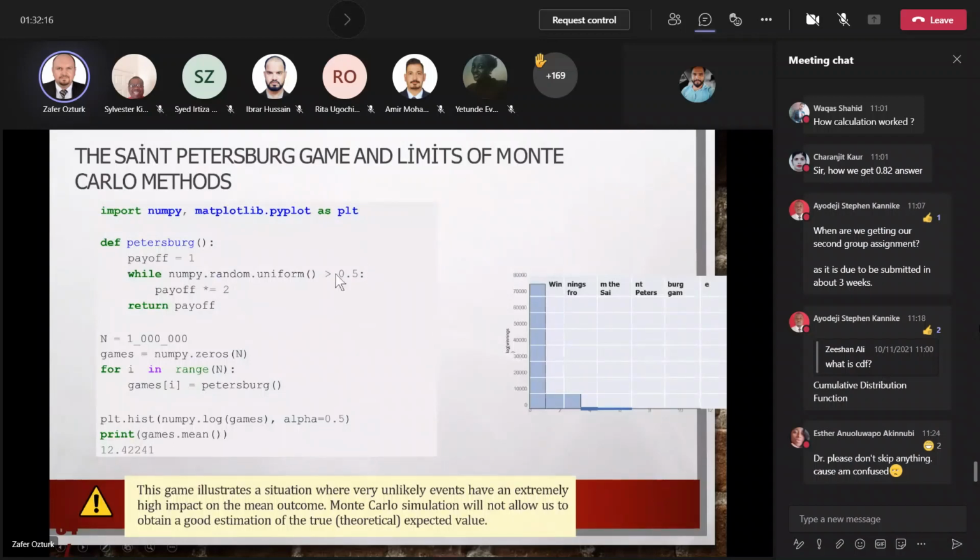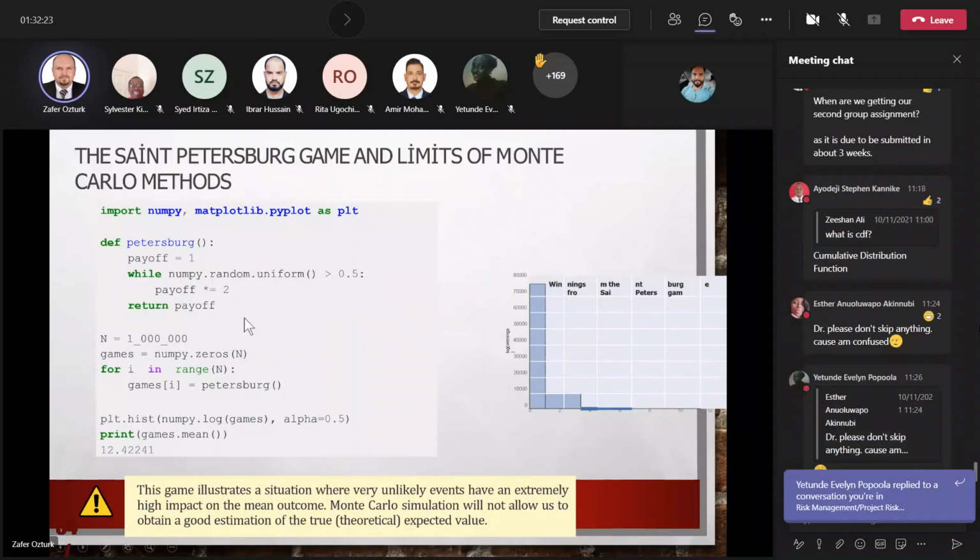The probability is 0.5 because we are still dealing with randomness, but we are defining the payoff. Every time heads appears, it pays double. This game illustrates a situation where very unlikely events have an extremely high impact on the mean outcome.